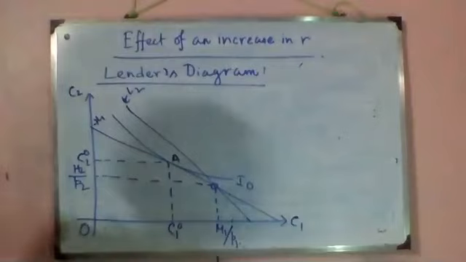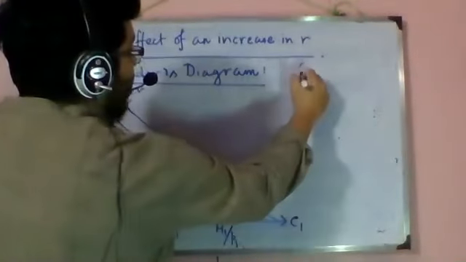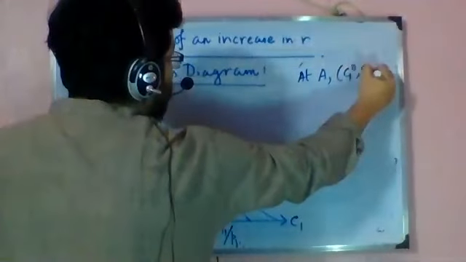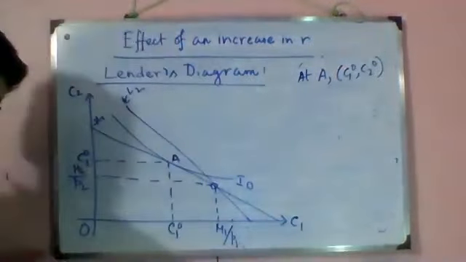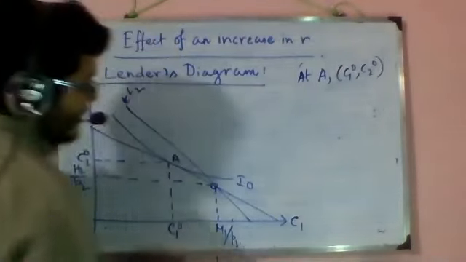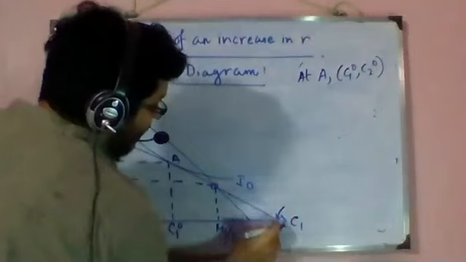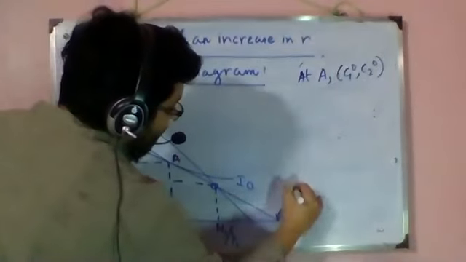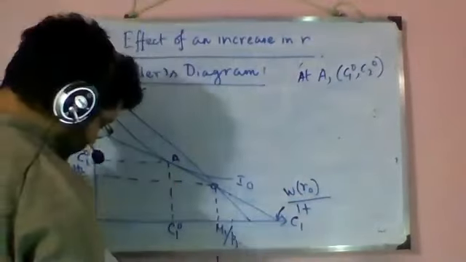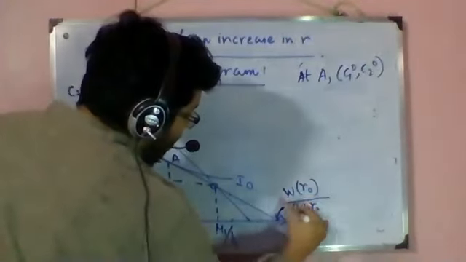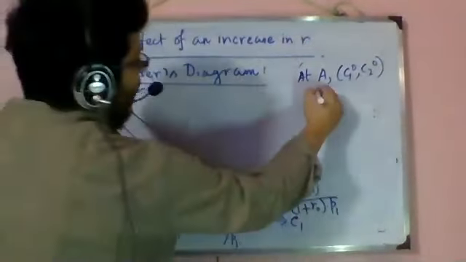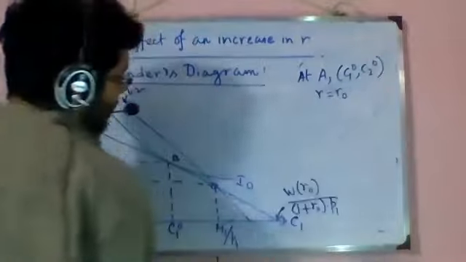What do we get here? At A, we get C1 naught, comma C2 naught. Now we have to mention obviously the initial interest rate. So we'll mention this by writing the value at this point as WR naught by (1 plus R naught) into P1. So our initial R is R naught.